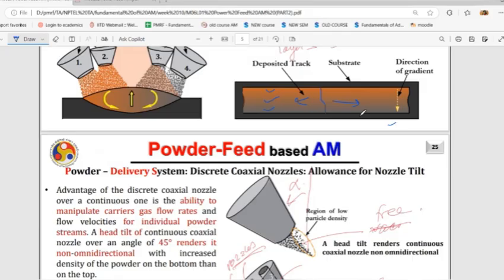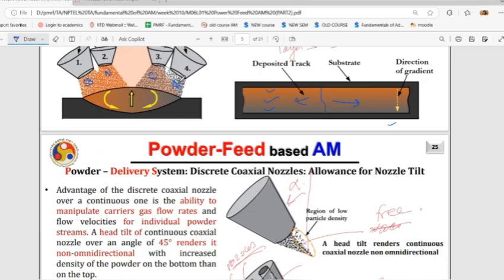One way is you can mix powders. For example, you are making an alloy where two or three different metals are coming: for example SS, aluminium, copper, and nickel.